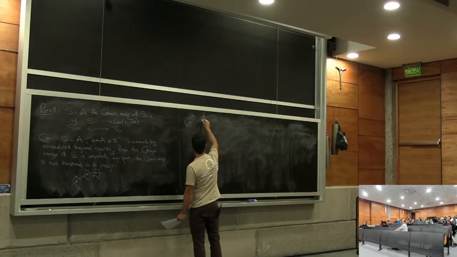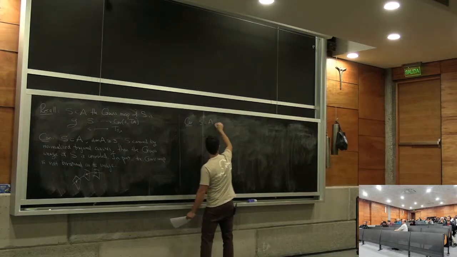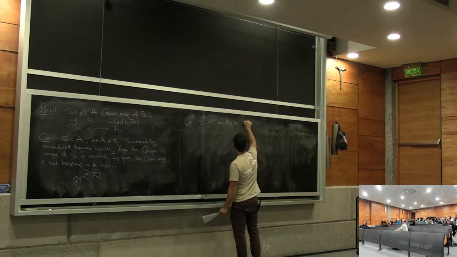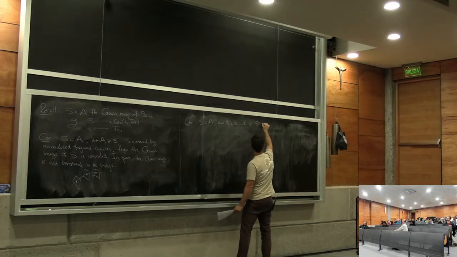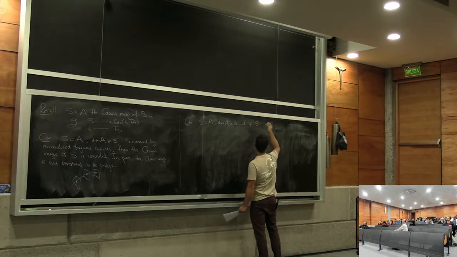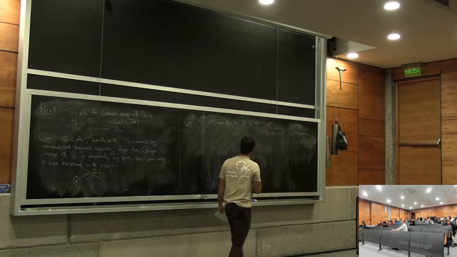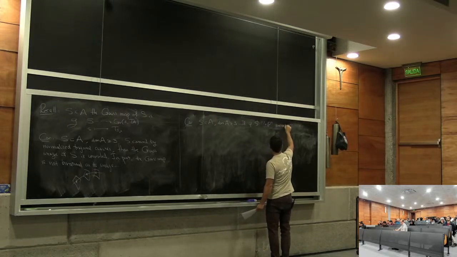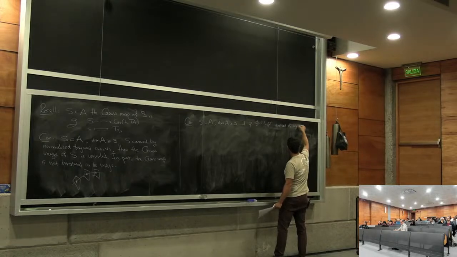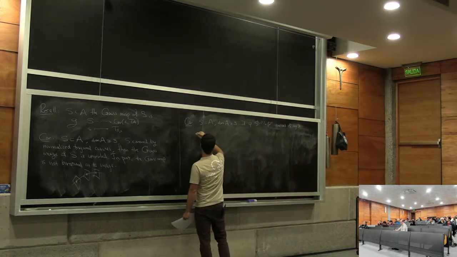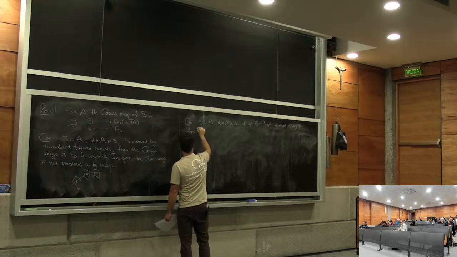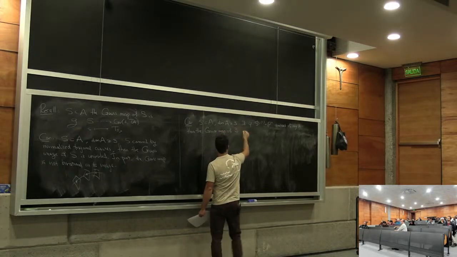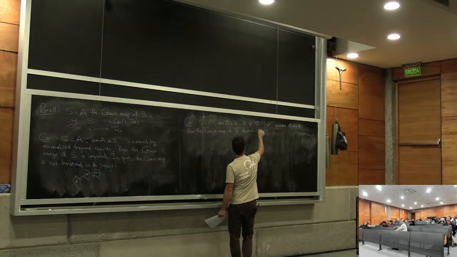It says that if S inside of A, same setup, the dimension of A is greater or equal to 3, and if phi from S to, let's say P2, but really it would work in much bigger generality, is dominant of degree 3, then the Gauss map of S factors through phi.